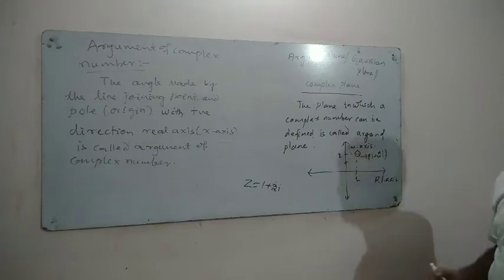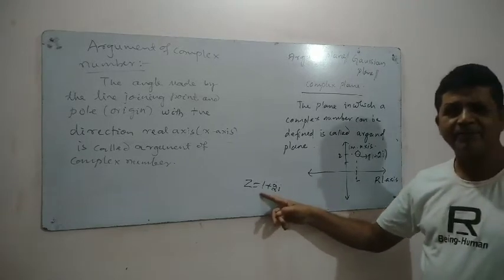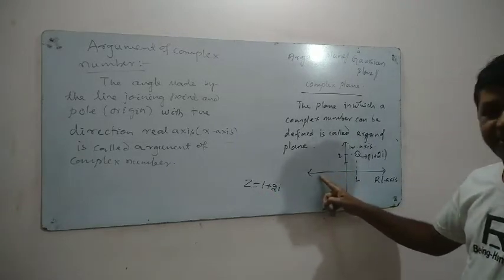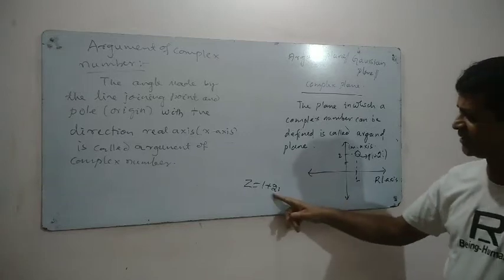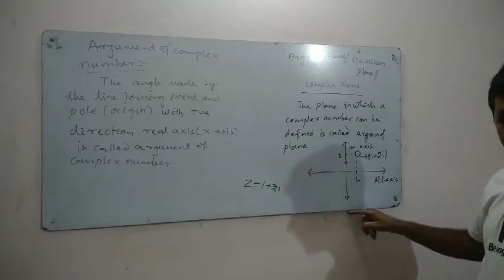So this point is 1, 2. Similarly, if x is negative, then it will be on the negative side, and if y is negative, then it will be on the negative side of y.